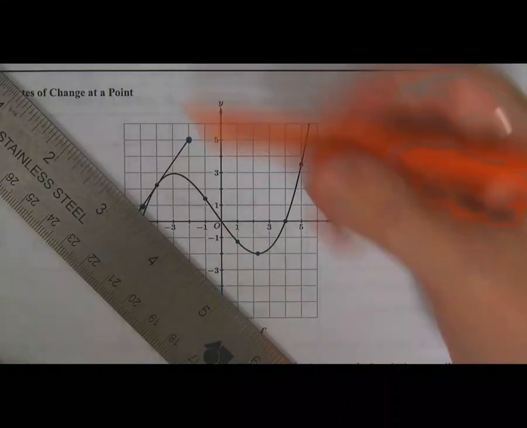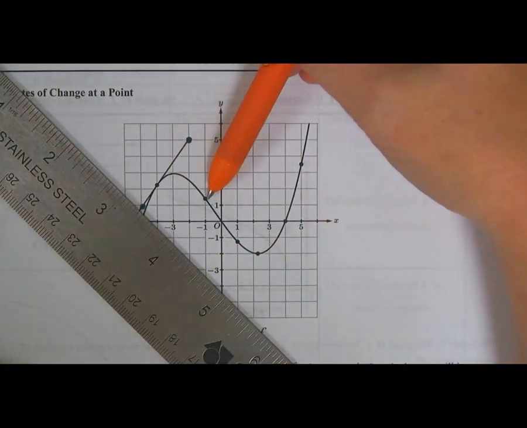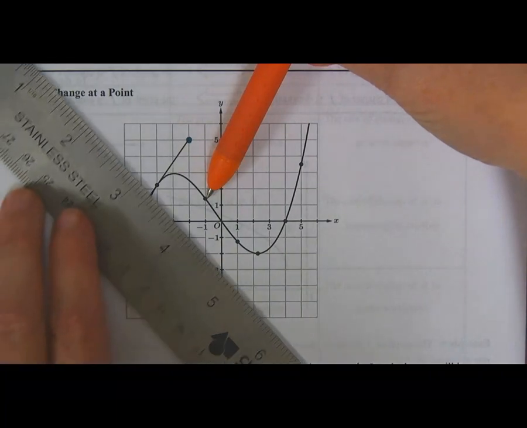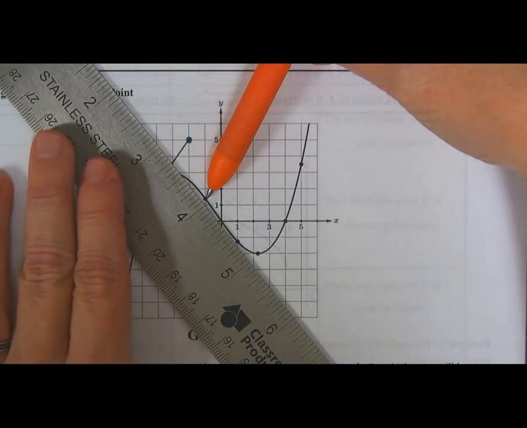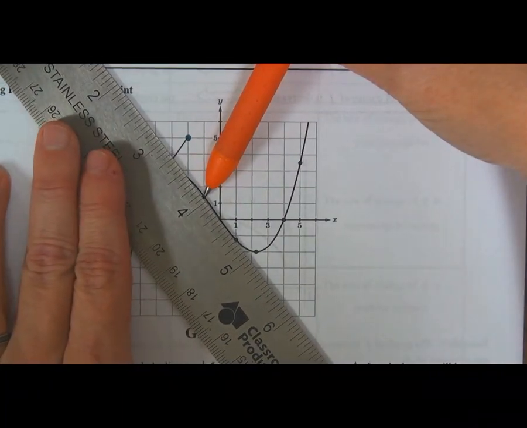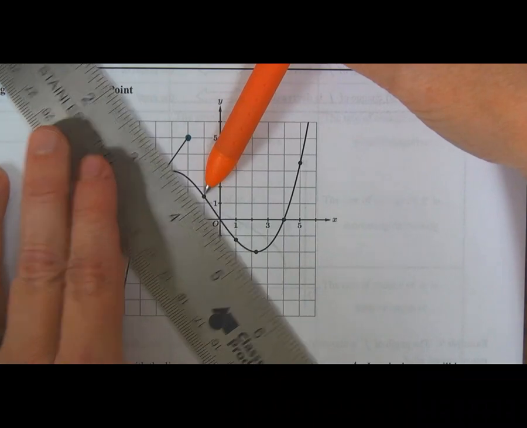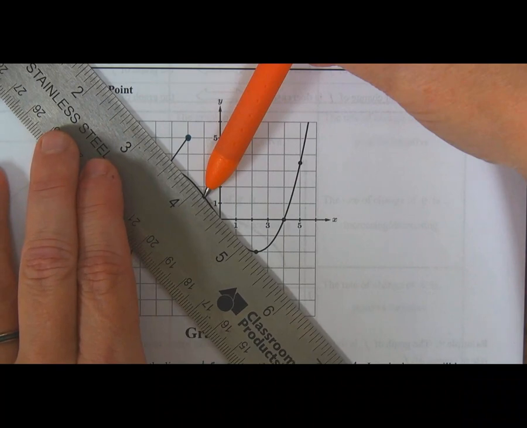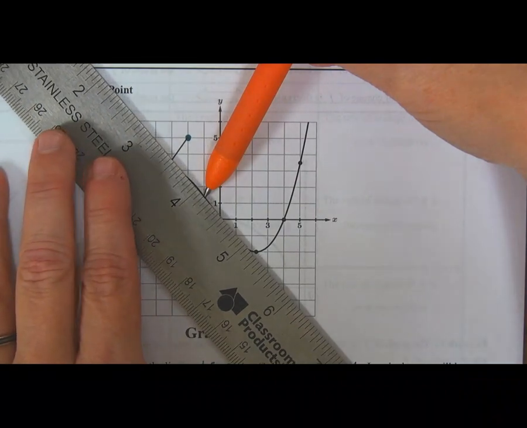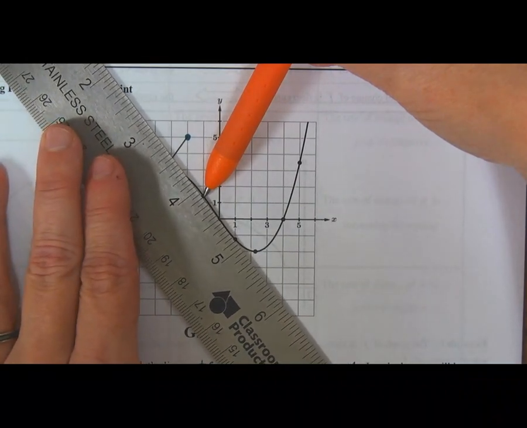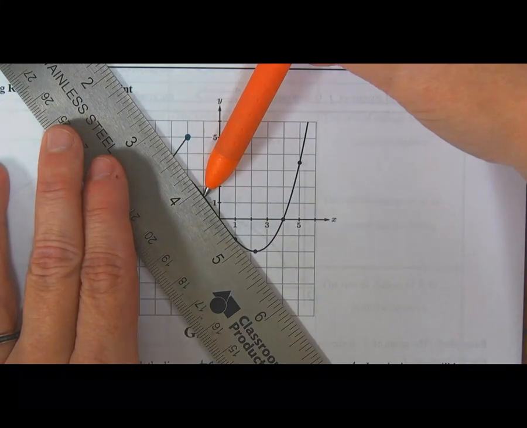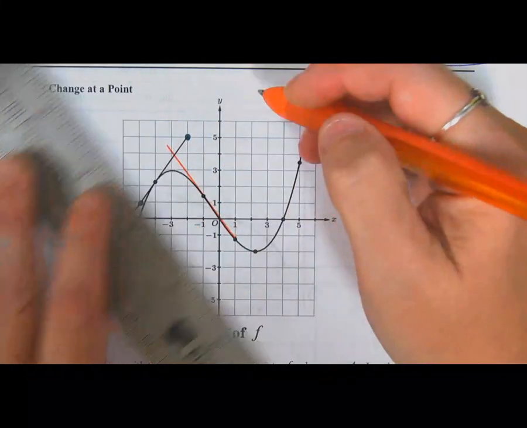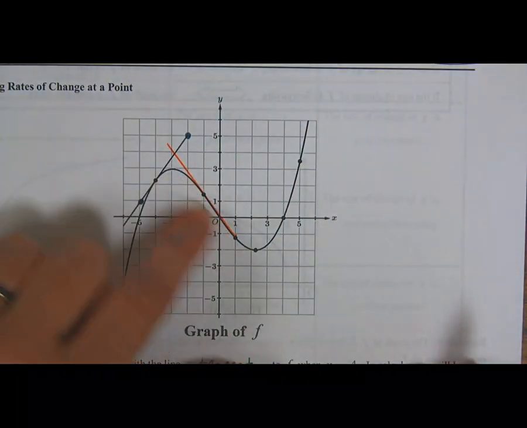But if we're trying to sketch a line tangent to this point right here, I'm just going to butt my ruler right up against that point because I'm really trying to just touch the graph one time. I'm just trying to see, like, it's barely going to touch. It's kind of challenging, so those of you that like to be exact, this is going to drive you crazy. But it's going to be something like that.